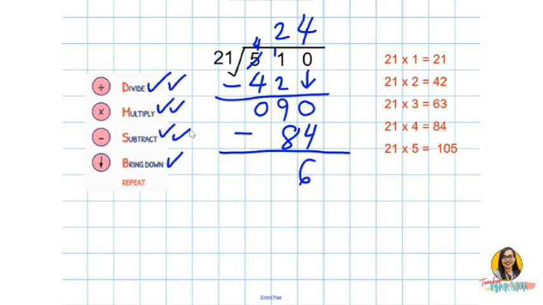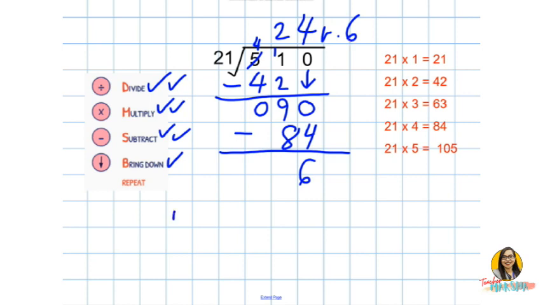So we don't have any more number to bring down, and what's left is only 6. And 6 cannot be divided by 21 anymore. So that gives us a remainder of 6. So the answer is 24, remainder 6.